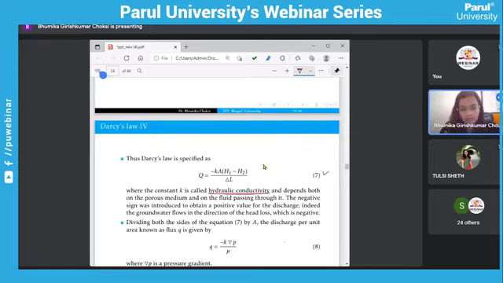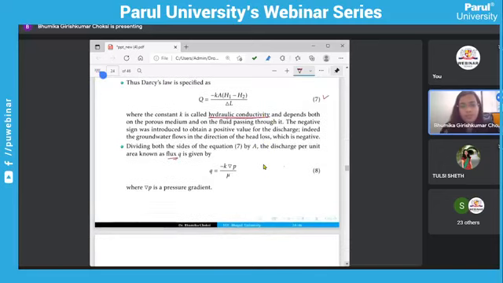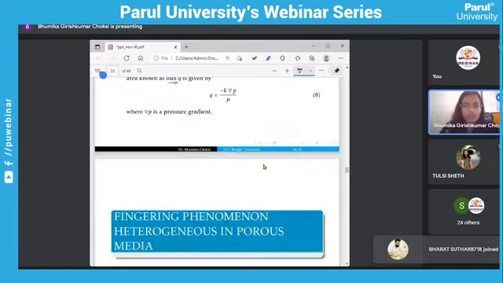And if I want to find flux, I divide this equation by the cross-sectional area A, so I will get small q equal to minus K into the pressure gradient divided by mu. So mu is our viscosity and delta P is the pressure gradient. So this is our equation number 8, another form of Darcy's law.